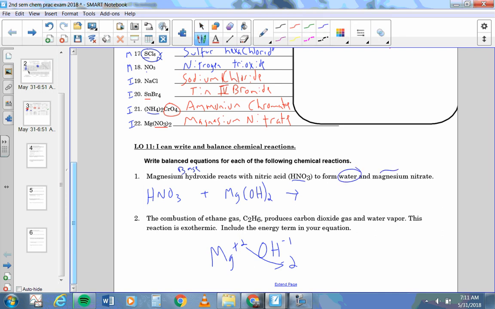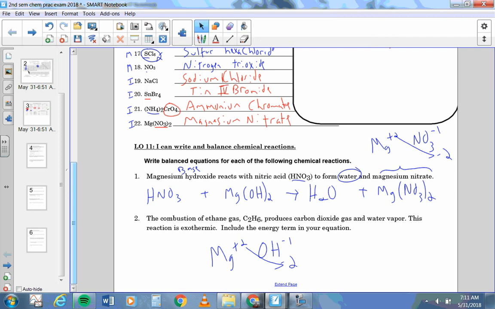Which salt? They even tell us the name of it, magnesium nitrate. So I can do a magnesium +2, nitrate, NO3 -1. It's going to take 2 of those. So water and Mg(NO3) taken twice. Next step. The things that we're counting here are hydroxides, magnesiums, nitrates, and hydrogens.